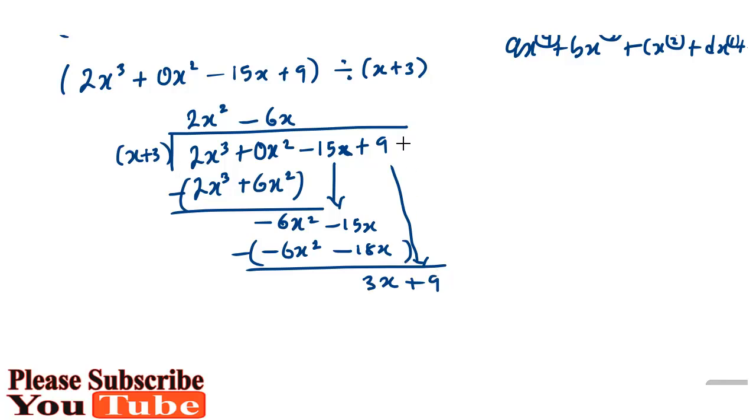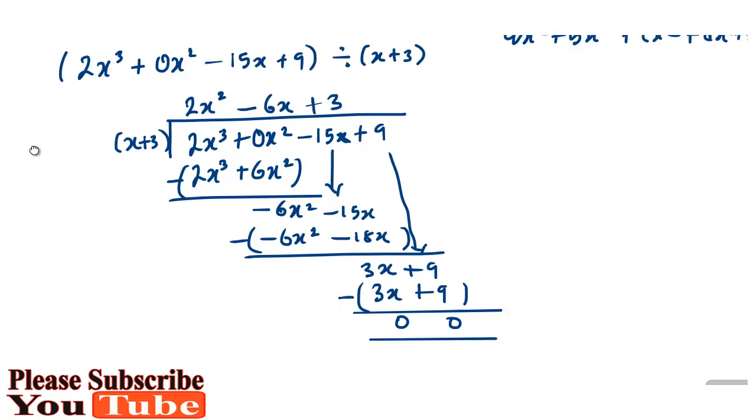So x in 3x is plus 3. Then 3 times x gives us 3x. Then 3 times 3 is 9. The next thing is to introduce subtraction, so this will affect everything. This is 0 and this is 0.